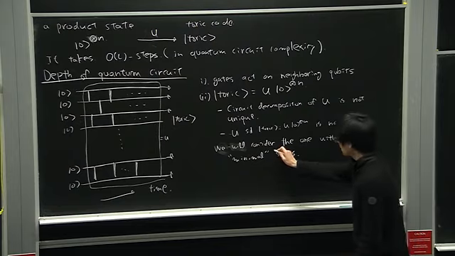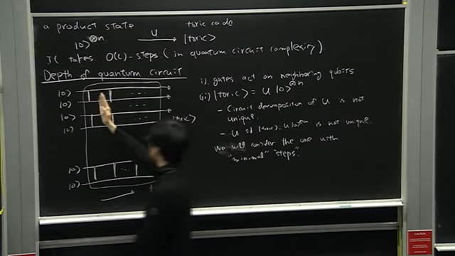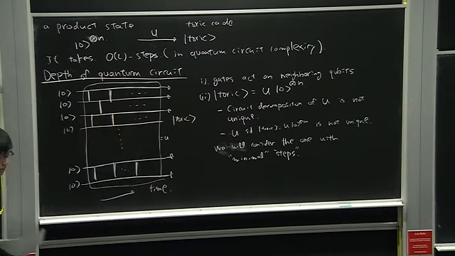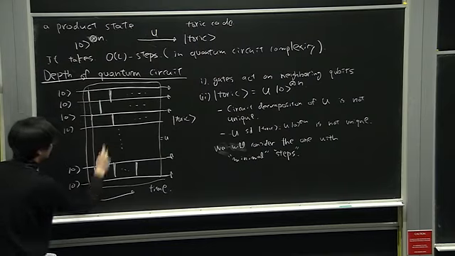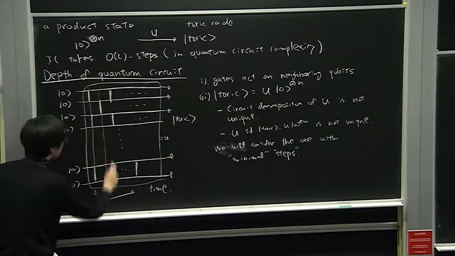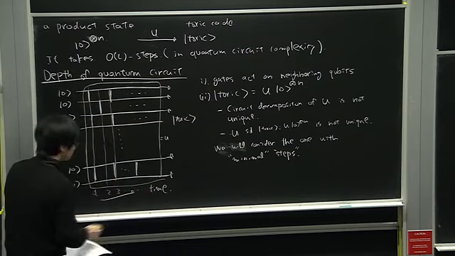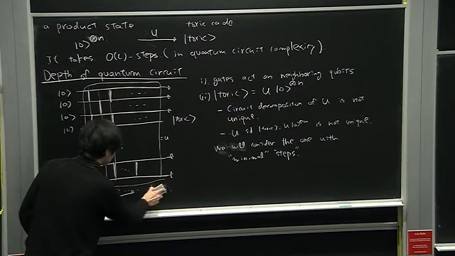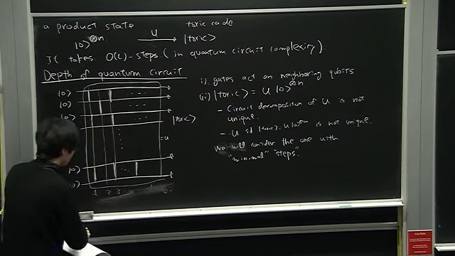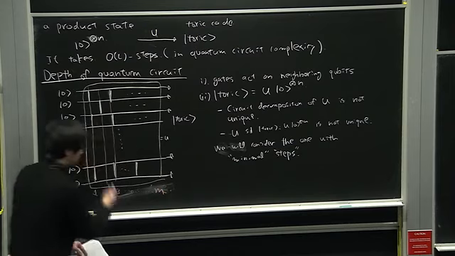Now, I still haven't defined what I mean by steps, but roughly speaking, the step is just the number of time steps in this circuit. So you can say this is step 1, maybe this is step 2, this is step 3, and let's say in total there are m steps.